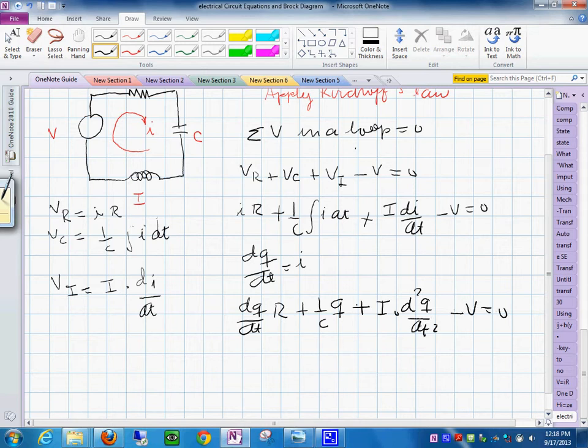So I think what is best is to put the equation always in terms of the highest derivative.